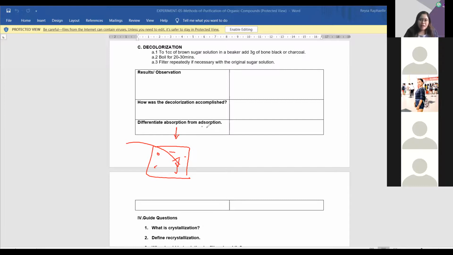But if it is adsorption, class, take note, A-D, adsorption, the material will just stick to the surface of the adsorbing material.